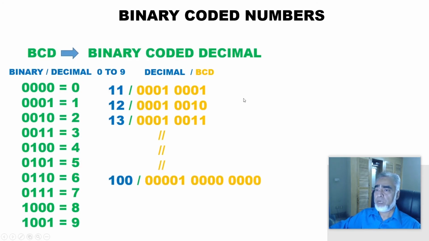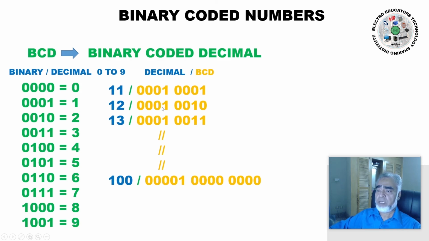What are binary coded decimal numbers? We can write in binary from 0000, which means 0, up to 1001, which is 9. But in binary coded decimal, for 11 we use 0001 and 0001.